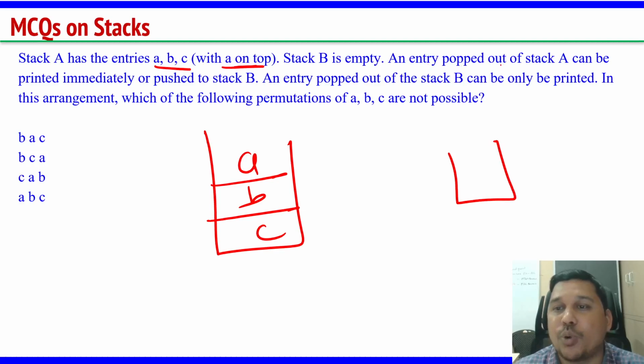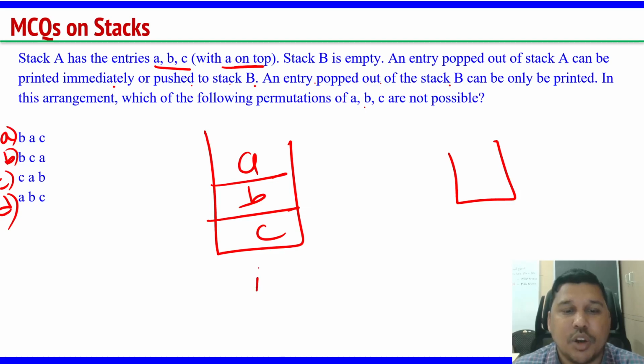An entry popped out of stack A can be printed immediately or pushed back to stack B. An entry popped out of stack B can only be printed. In this arrangement, which of the following permutations of ABC are not possible? There are 4 permutations here. Among those 4 permutations, which of the following permutations is not possible?